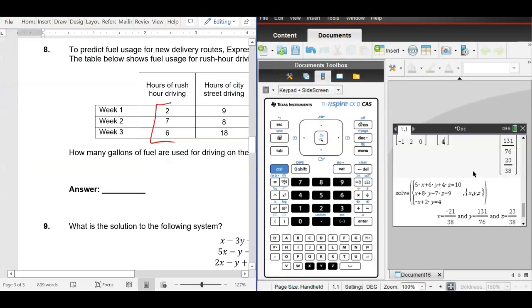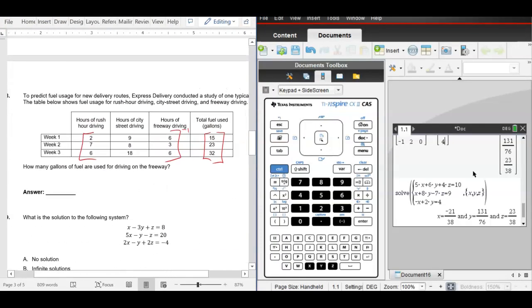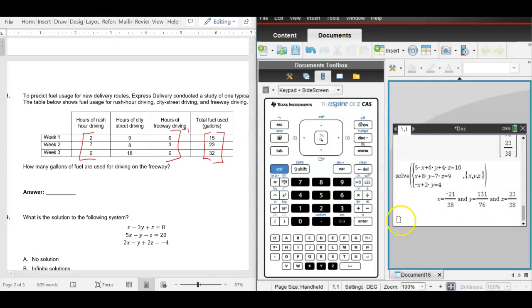Like if we think of all these hours of driving as three different variables, the gas gallons being used over there is the constant. We're going to do the matrix.